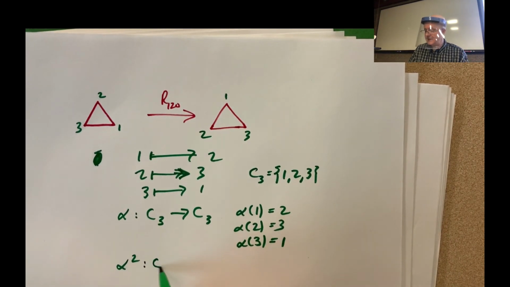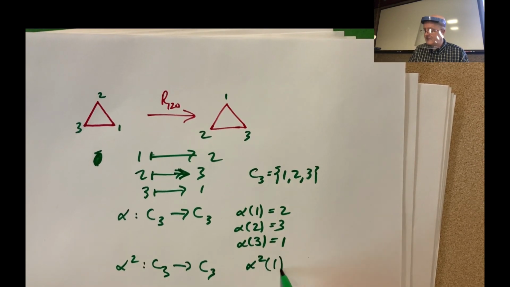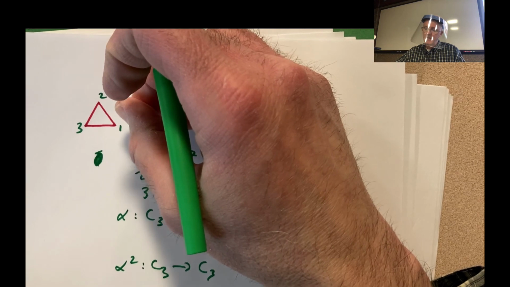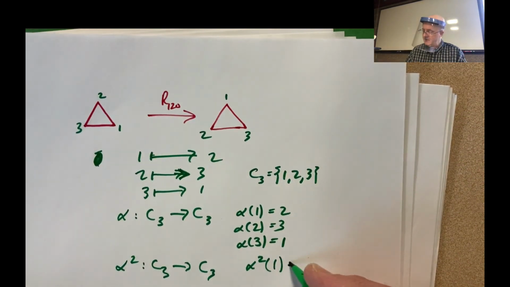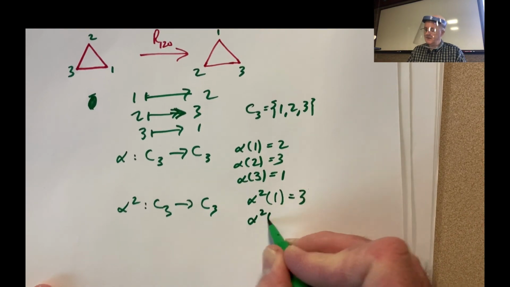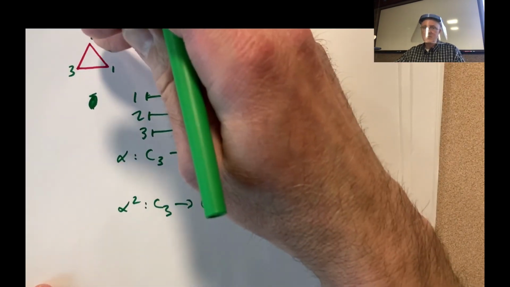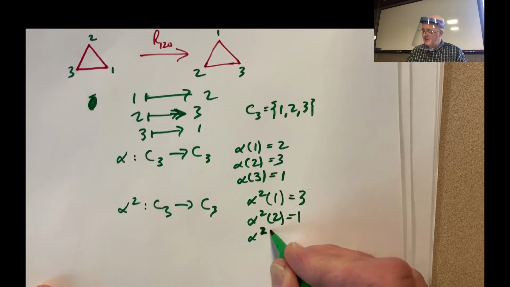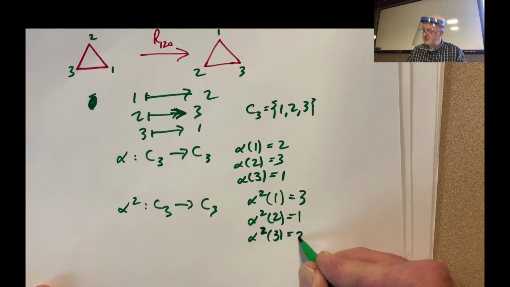Alpha squared from C3 to itself. What does it map 1 to? Well, thinking of the rotation back up here, 1 would eventually get mapped to 3 under a 240-degree rotation. 2 is going to get mapped to 1 spot. And 3 is going to get mapped to 2 spot.